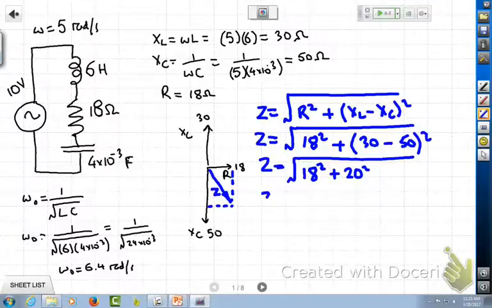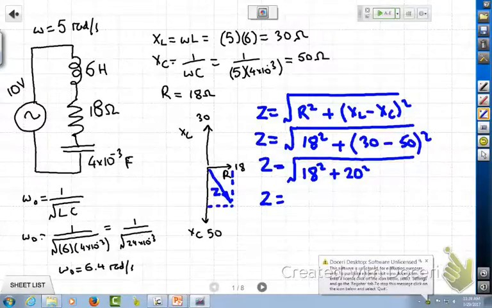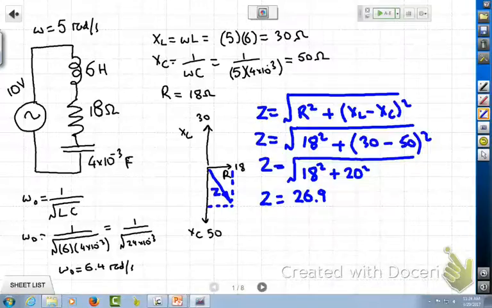And what does that work out to be? It's going to be something in between, like 19 or something like that. What's that going to work out to be? 26.9. Okay, you're right, ohms.